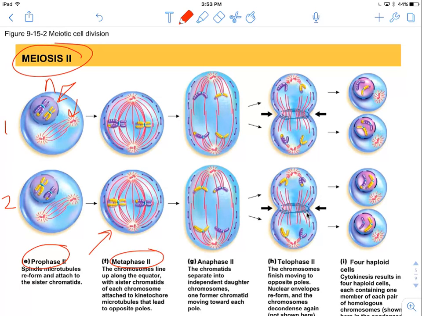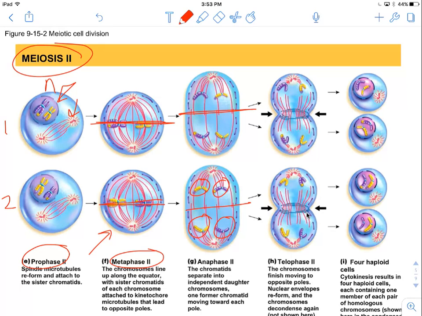In metaphase 2, we've got our chromosomes in both cells lined up at the equator of the cell. Once they get there, they let the sister chromatids release each other and they can separate, and 1 sister chromatid goes to each pole of the cell. Okay.